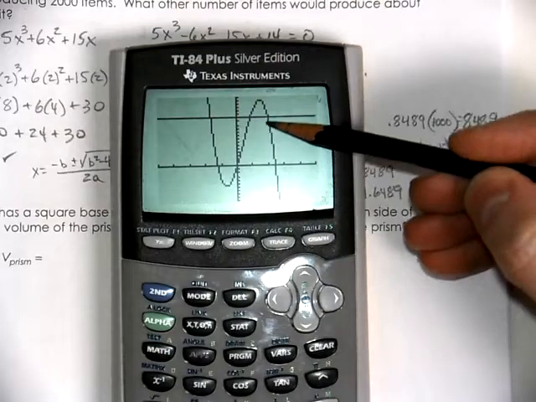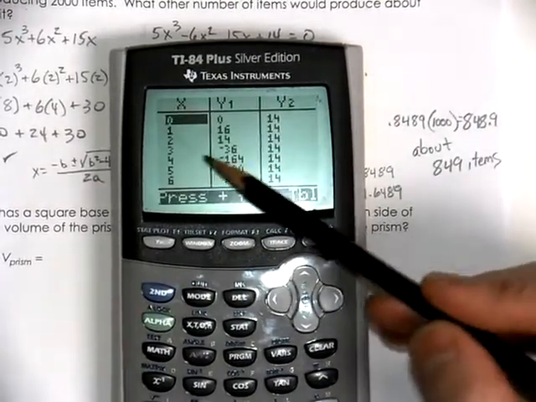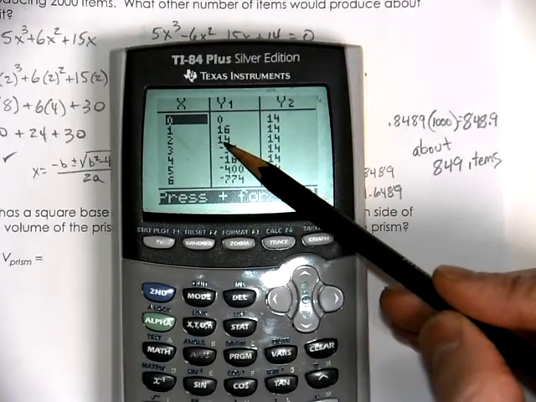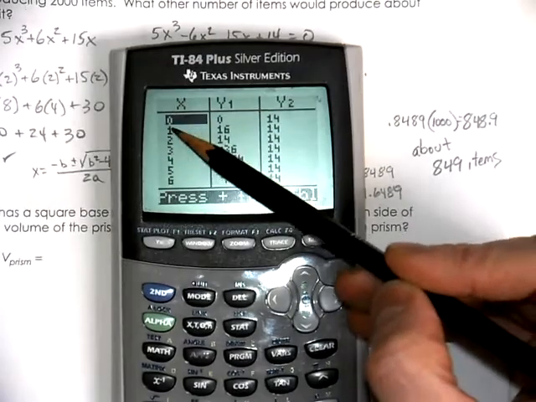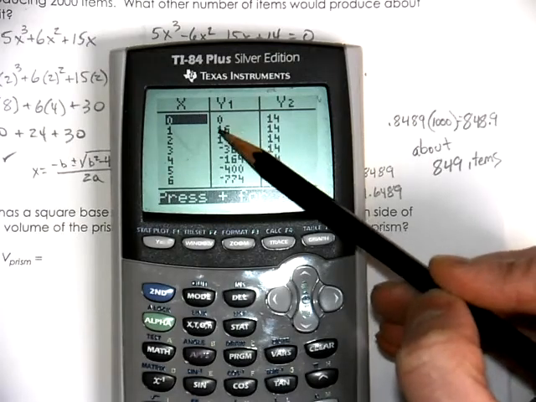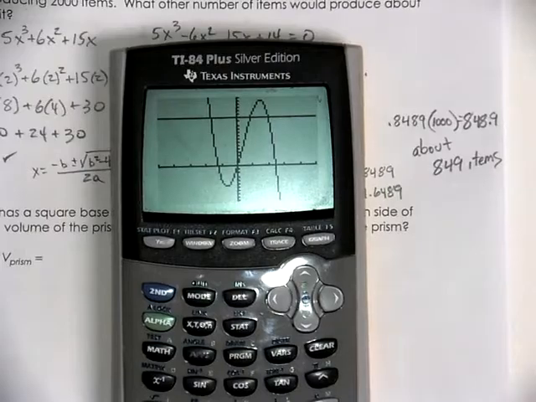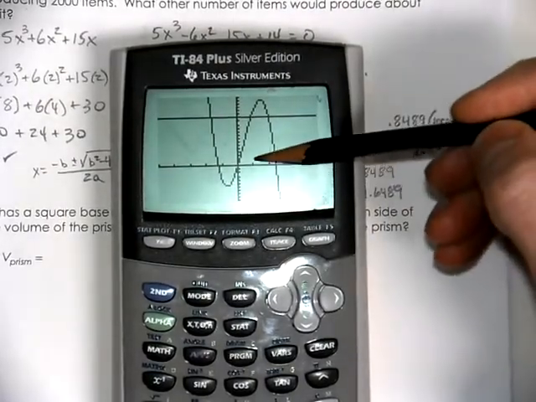If we look in our table, we can see that when x is 2, we get 14. But if we're less than 1, we actually get close to 14 also. So where exactly less than 1?